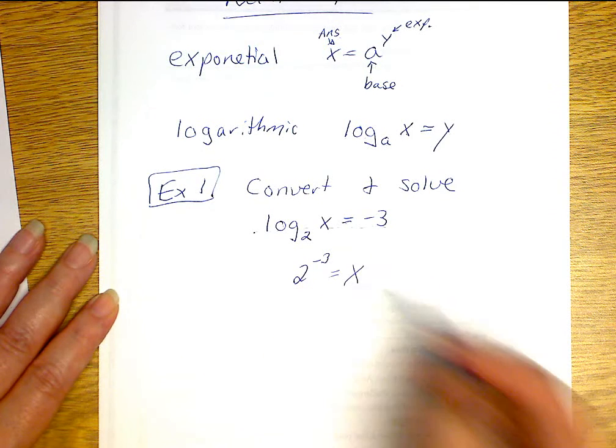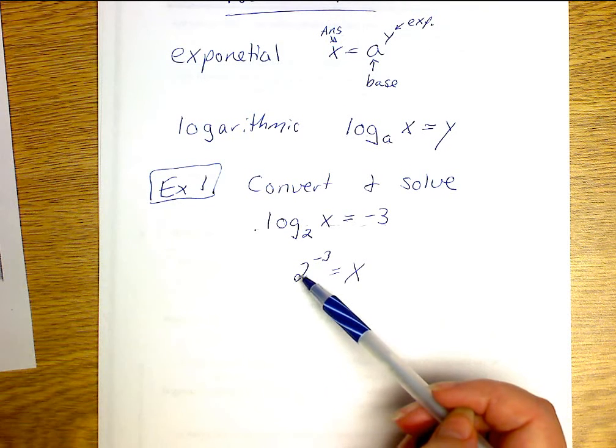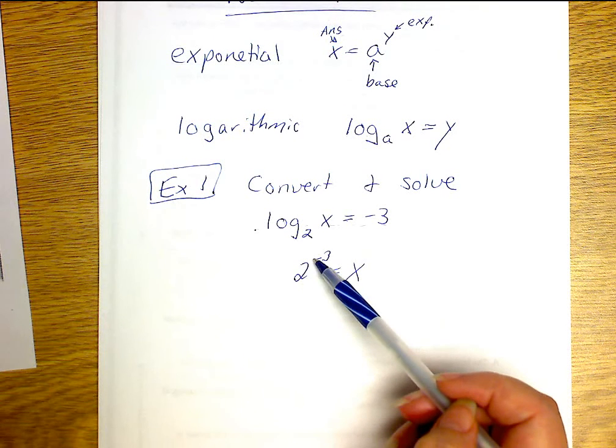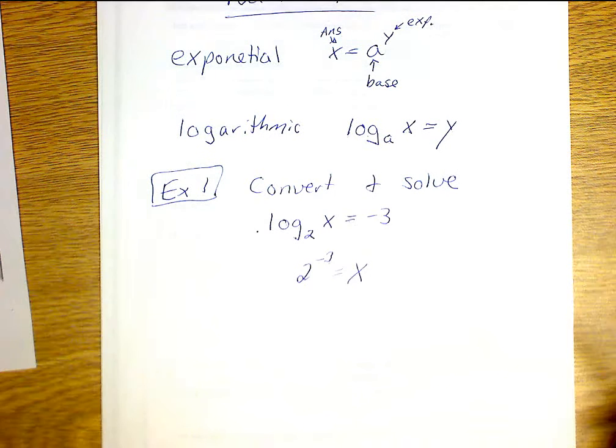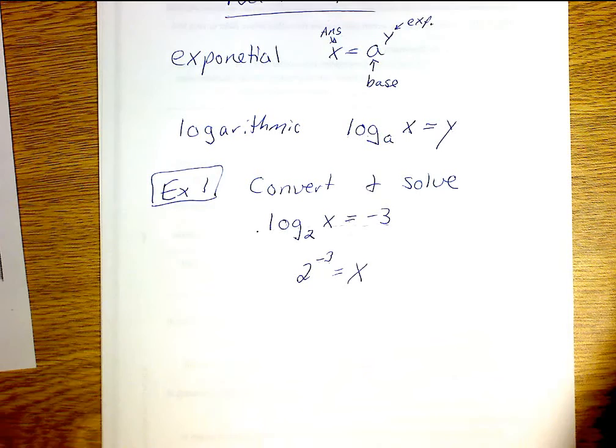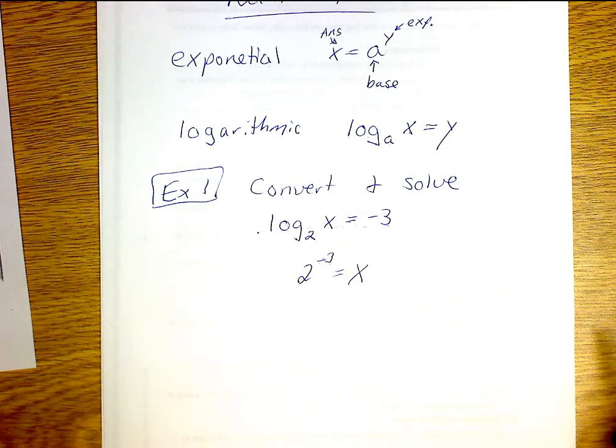So that means, what is 2 to the -3? You can throw that in your calculator, but it's very important to understand what exponents do. Does anybody remember what I said a negative does? It flips it or puts it to the bottom, right?